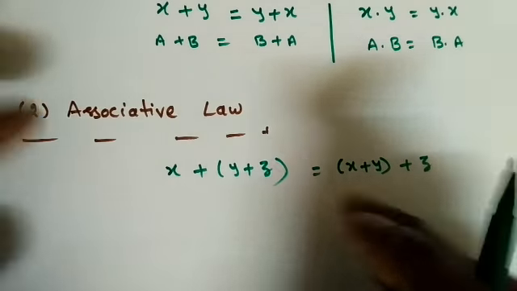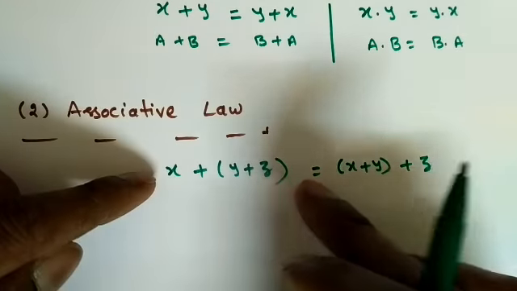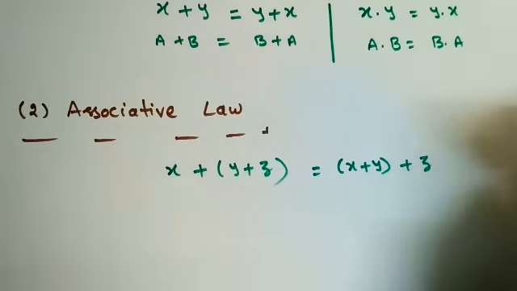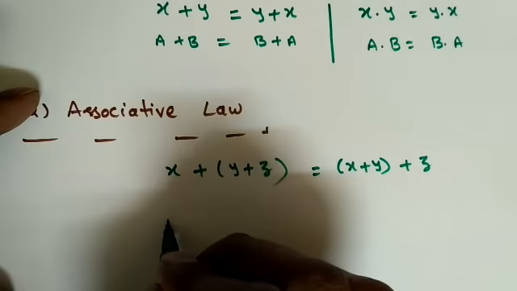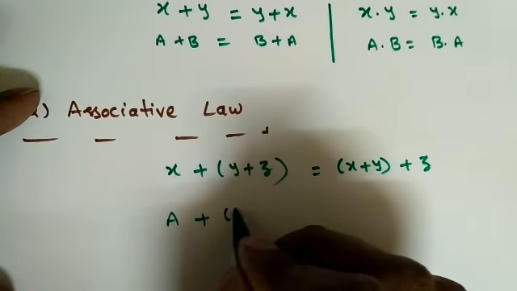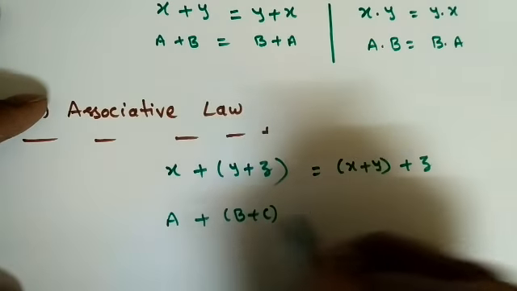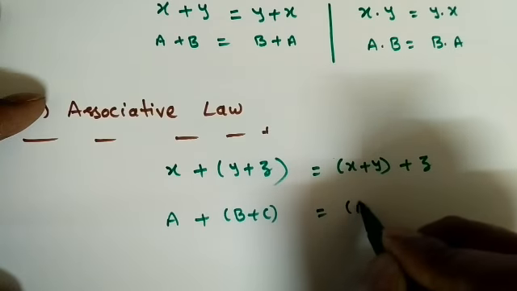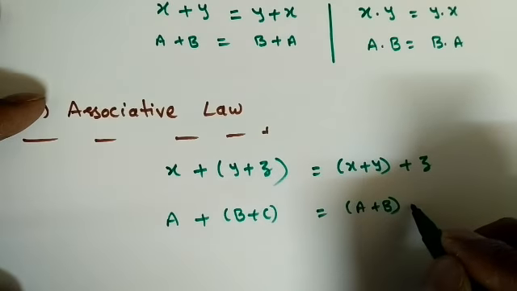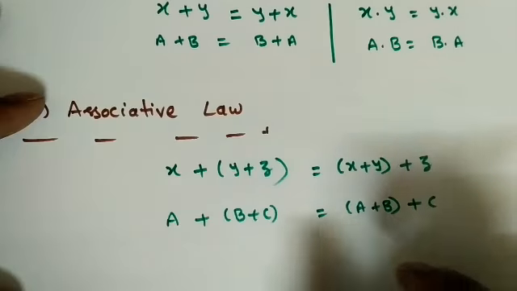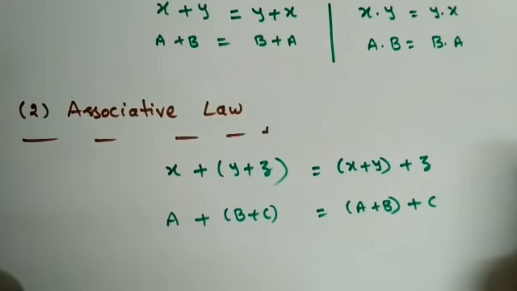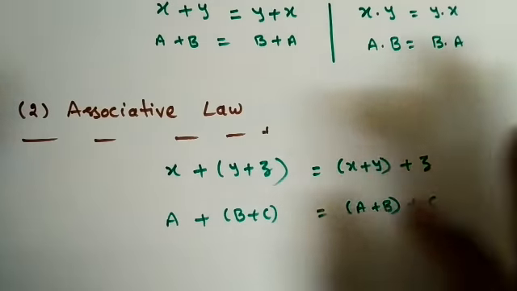In Boolean algebra you can make a group of x plus z plus y also, so you will get the same result. There is no change at all. If I change the variables, that is a plus b plus c, I can make a group of these two, that is a plus b plus c. You can make a plus c plus b also, right? So we can get the same values in Boolean algebra.